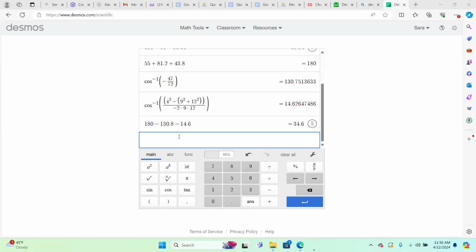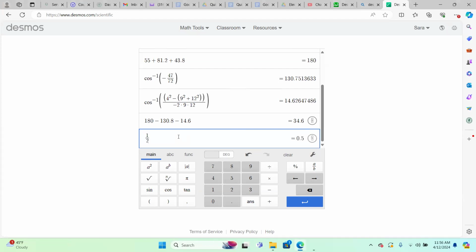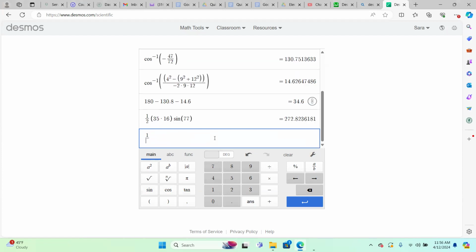I'll show A quickly, since I didn't have that. 1/2 times 35 times 16. And then times the sine of 77. That comes out to be the 272.82 that I just had for the first problem. And then we have 1/2 times 19 times 8 times the sine of 124.